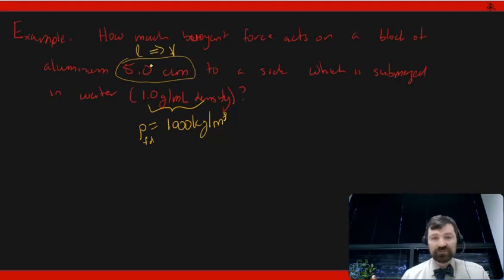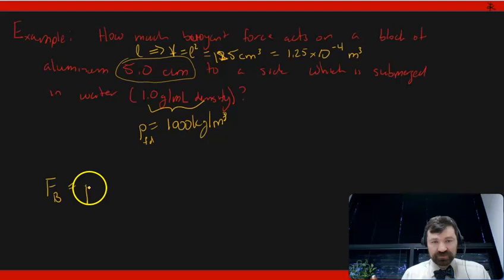The volume of such a block will look like length cubed, which is 125 centimeters cubed, which is 1.25 times 10 to the minus 4 meters cubed. Our buoyant force is thus rho of fluid displaced times volume of the block times g.